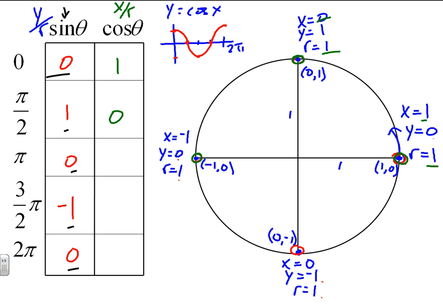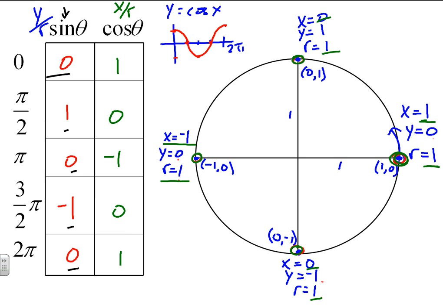We rotate around to pi, x on r, negative 1 on 1. And to 3/2 pi, x on r, 0 on 1. Back to 0 or 2 pi, x on r, 1 on 1.